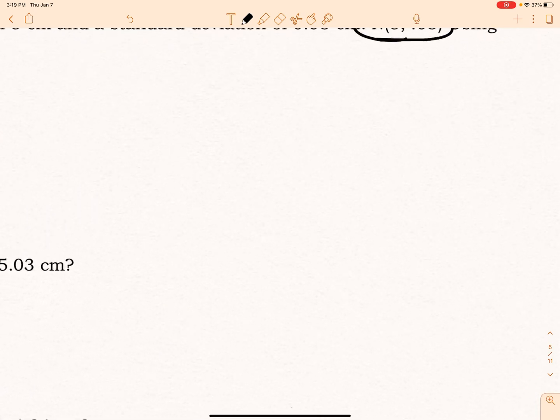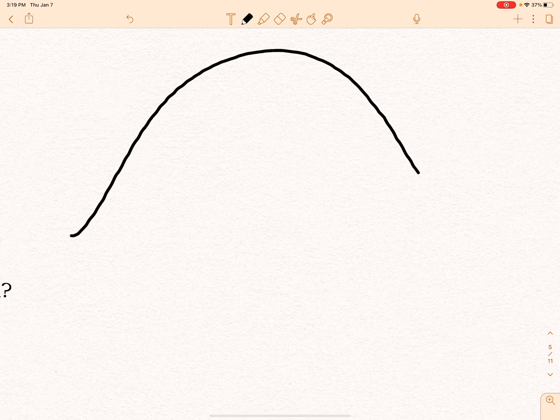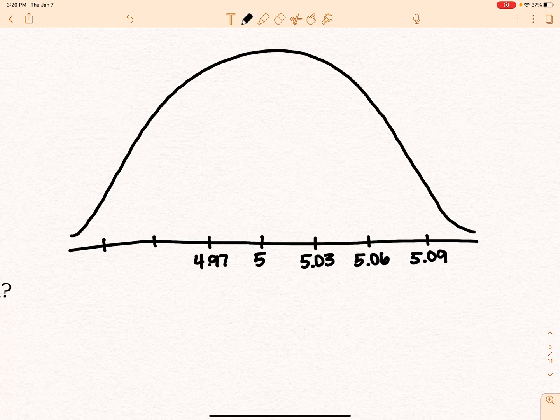So the first thing I'm going to do is create our graph here, just like I did on the last problem, using the values for this particular problem. So I've got 5 plus 0.03, and again, and again. And then on the left, of course, I'm going to subtract 0.03 3 times.